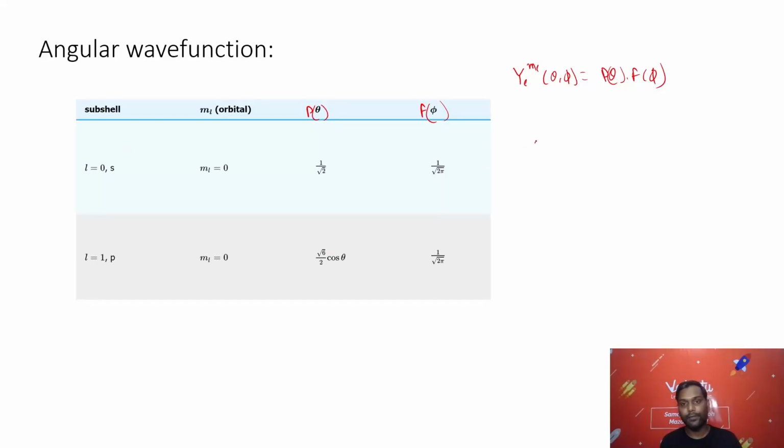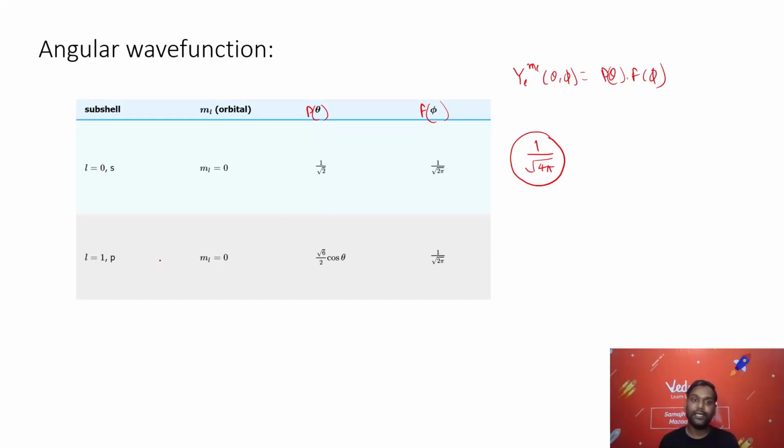It will be 1 upon root 4 pi. Now this is a constant value for any s orbital because it does not depend on theta or phi, and the angular part does not depend upon the r value. r would change the radial wave function.